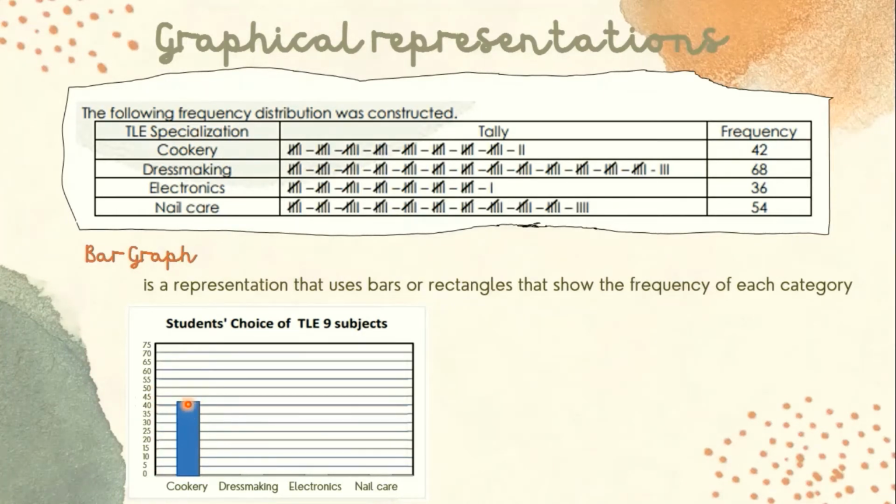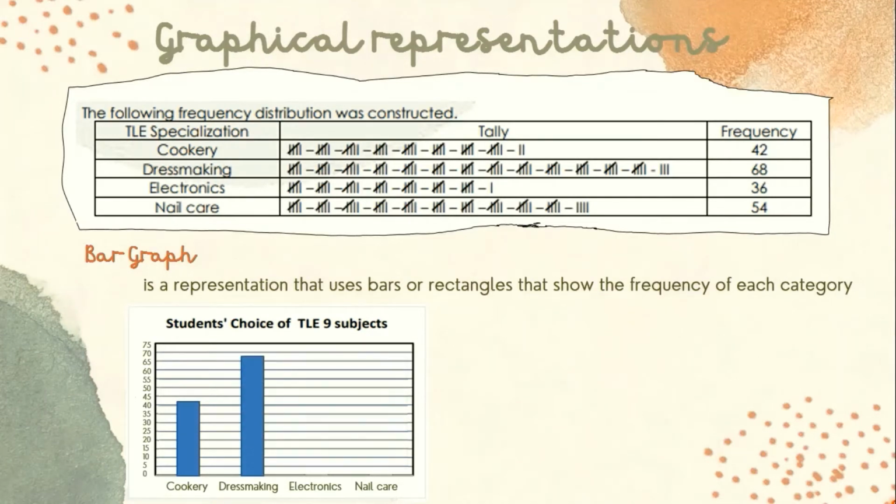Kaya pansinin natin na yung ating bar or rectangle ay set above 40 but not above 45. Ibig sabihin na sa gitna siya. Dahil 42 lang yung ating itinatag. This is the importance kung bakit by 5s yung ating ginawa para makita natin yung mga trailing digits.